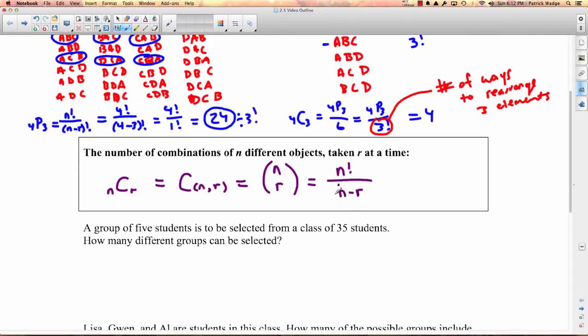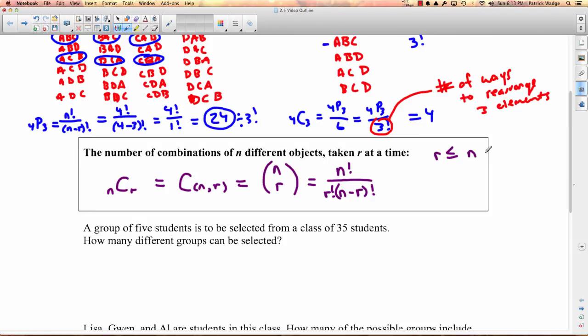Hey, wait a minute, that's exactly the same as the permutation formula, but we also put an r factorial in here. And again, the reason we have that r factorial is because that's the number of ways of rearranging r elements. We need to take that into account because when we rearrange them, it's actually just the same thing. Order doesn't matter. What else? r has to be less than or equal to n.